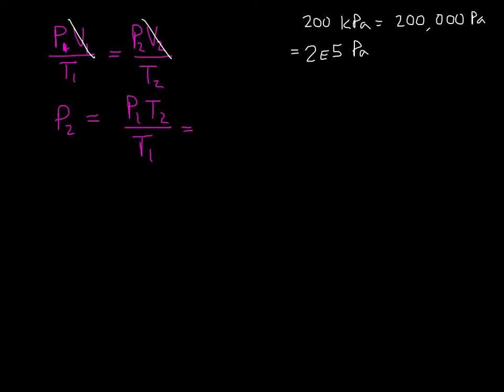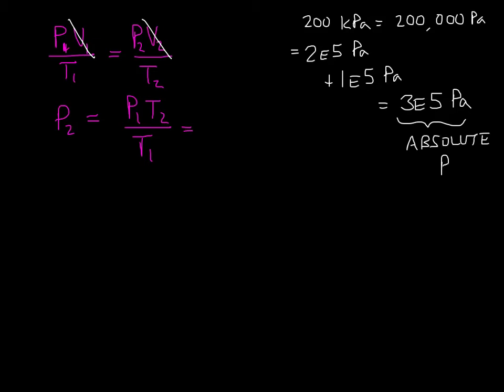To get the absolute pressure, we have to add on the atmospheric pressure, which is 1 times 10 to the 5th pascals. So that gives an absolute pressure of 3 times 10 to the 5th pascals. So this is the absolute pressure, which is going to be the P1.